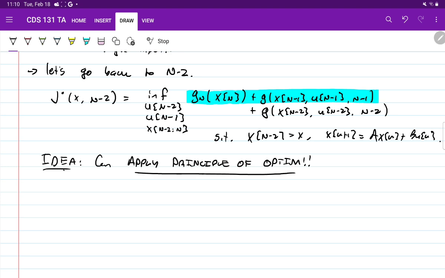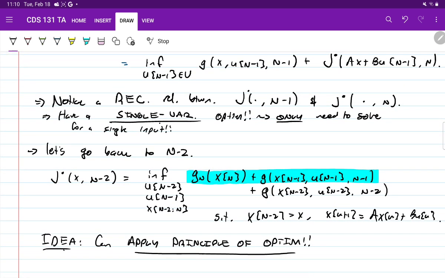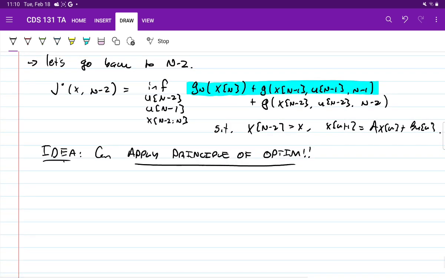Which says that if I have a control policy that's optimal for n minus 2, that also needs to be optimal for n minus 1, right? By this principle of optimality, if you have something that's optimal for a whole problem, it needs to be optimal for a subproblem. So what the principle of optimality tells us is that if we're trying to solve this minimization, this term up here needs to match the optimal value for the n minus 1 problem. But what's the optimal value for the n minus 1 problem? Well, it's j star at n minus 1, right?